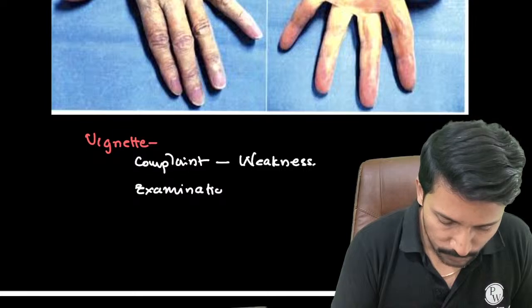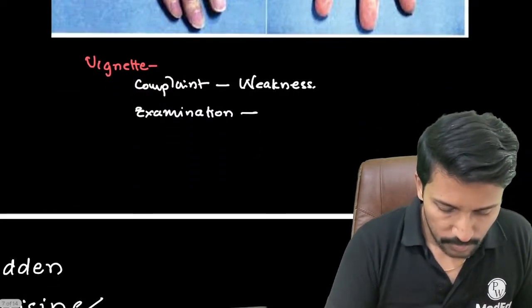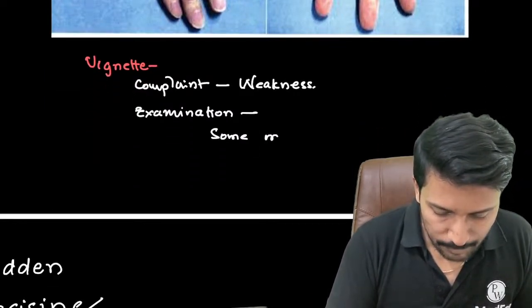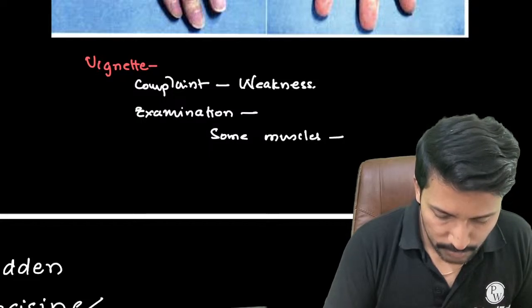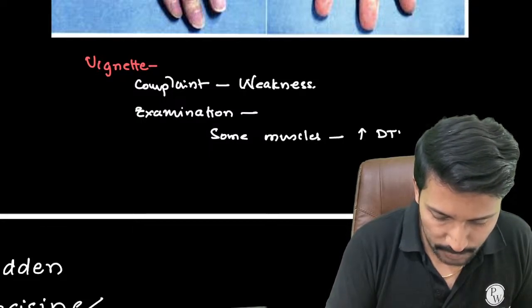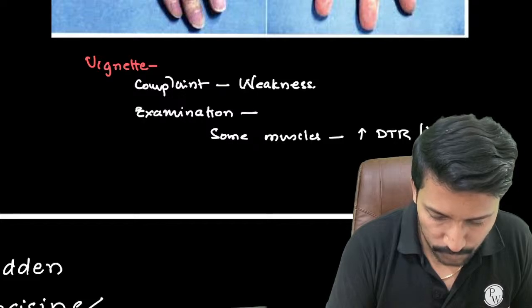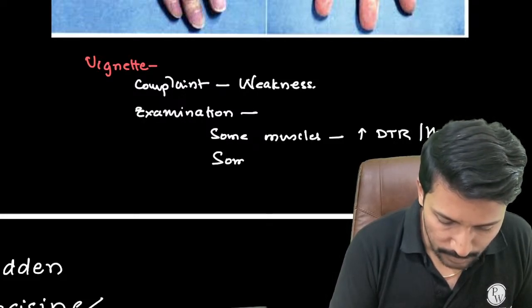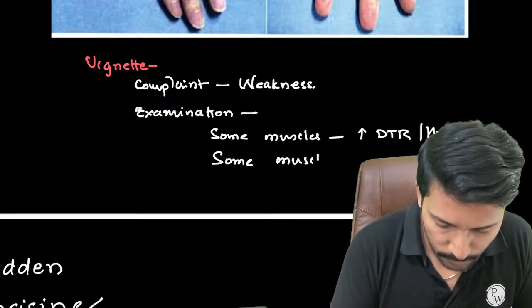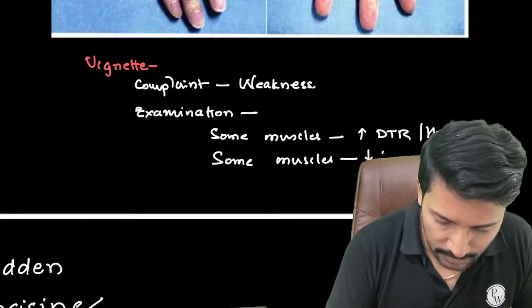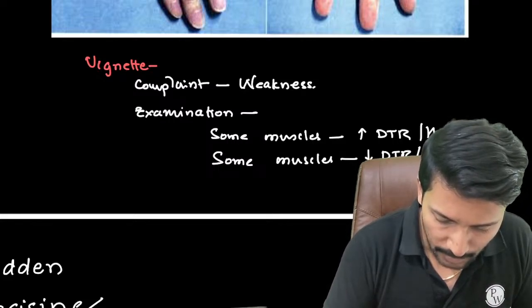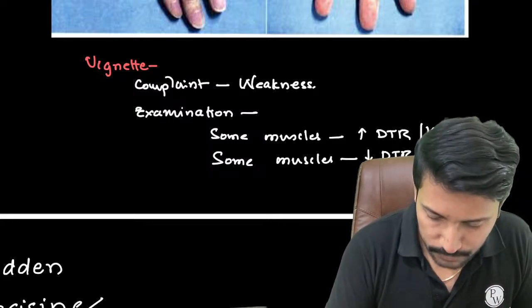On examination, some muscles of his body are showing increase in deep tendon reflexes and hypertonia, increased muscle tone, and some muscles in his body are showing decreased deep tendon reflexes and hypotonia.